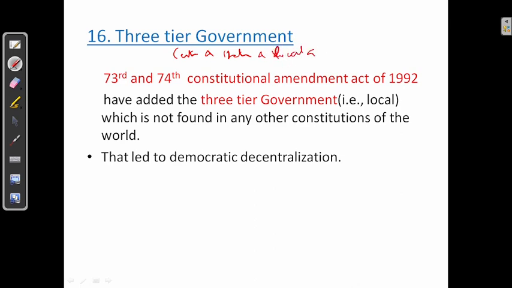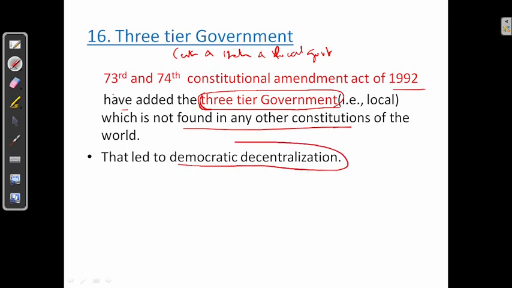The 73rd and 74th Constitutional Amendment Acts of 1992 added the third tier of government, that is local government, which is not found in any other constitutions of the world. This provision was written in our constitution only. This three-tier government led to democratic decentralization.